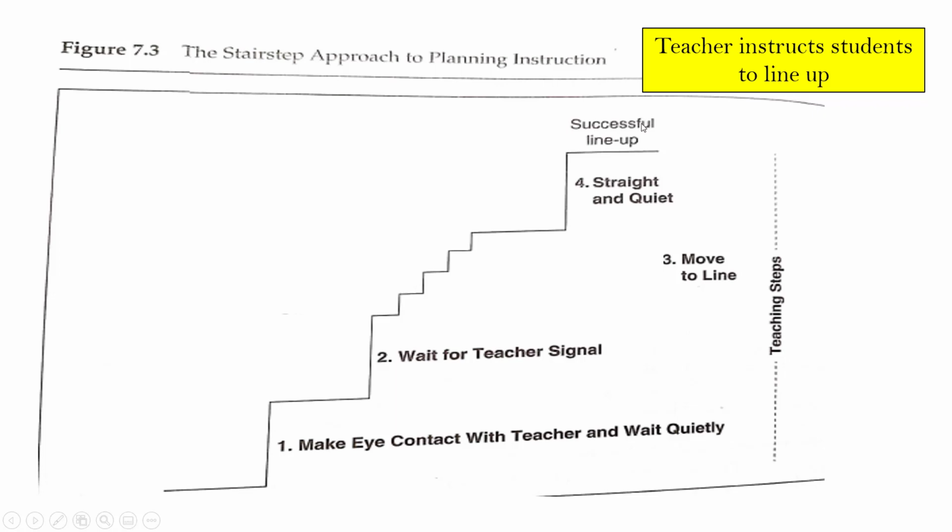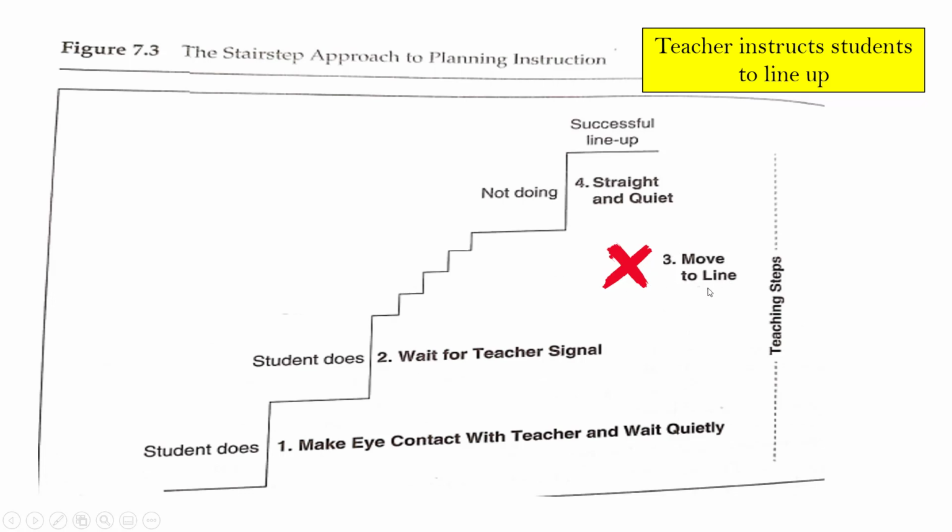So, okay, let's observe Johnny and see which ones he can do and which ones he can't do. He does make eye contact. He does wait for the teacher's signal, but he doesn't move to the line, and he's not standing straight and quiet. So this is where our system breaks down with Johnny. He can wait for the teacher's signal, but he can't do this third step of moving to the line.